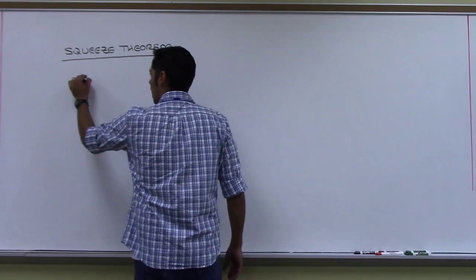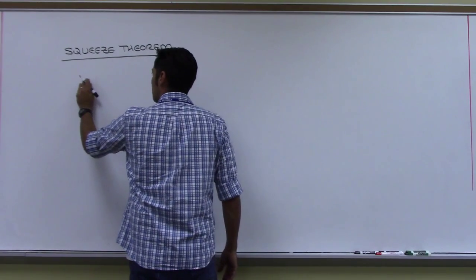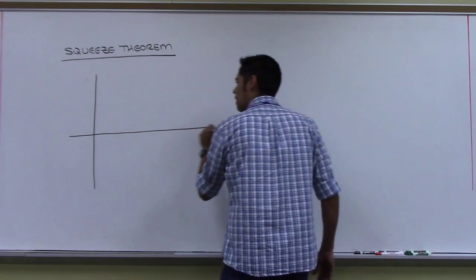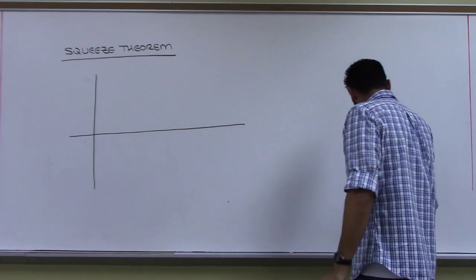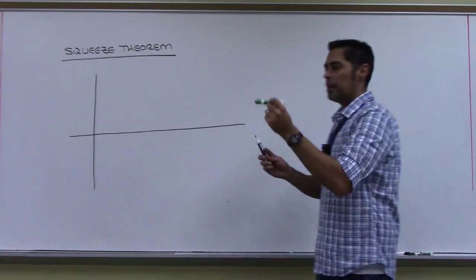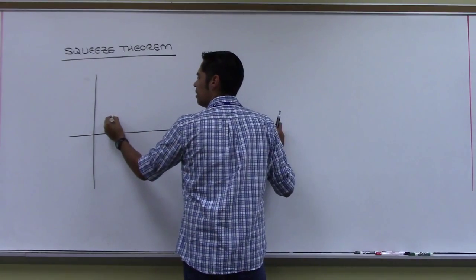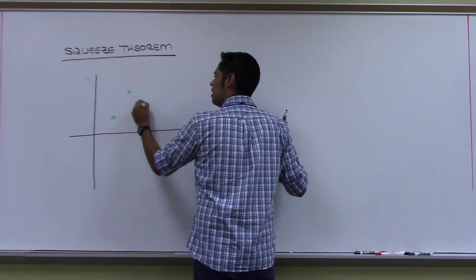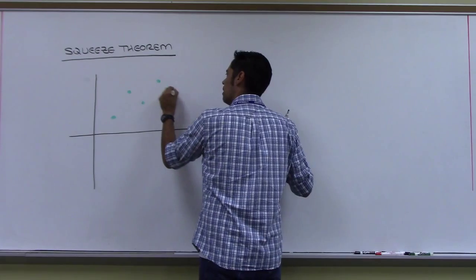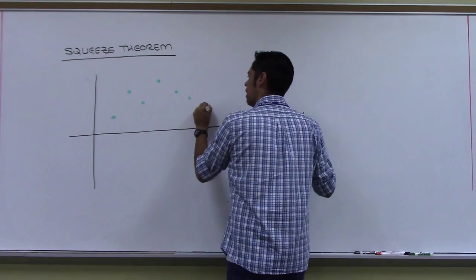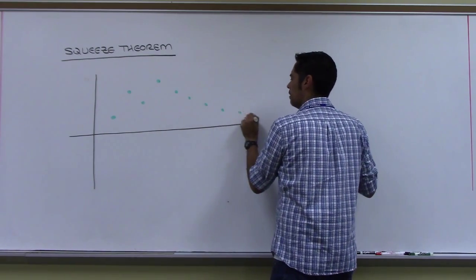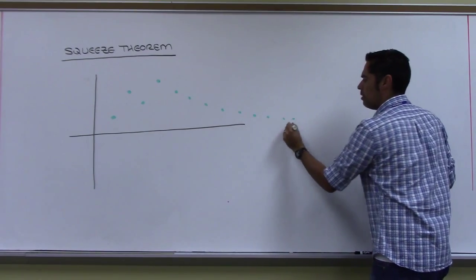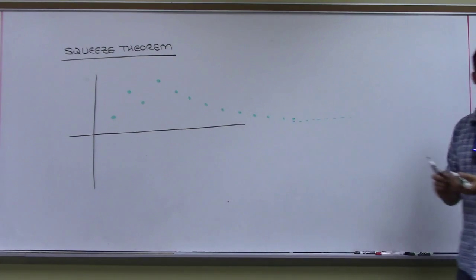All right, let's say that I have a sequence, I'll do it in green. Let's say I have a sequence that does this. You don't have to draw this perfect, all right? Maybe it goes here, there, there, there. And what's happening is it's getting closer and closer to something, okay? You see that?